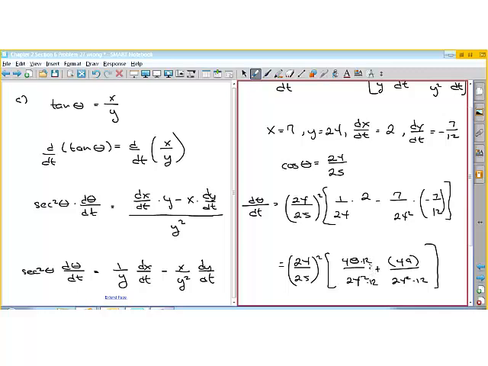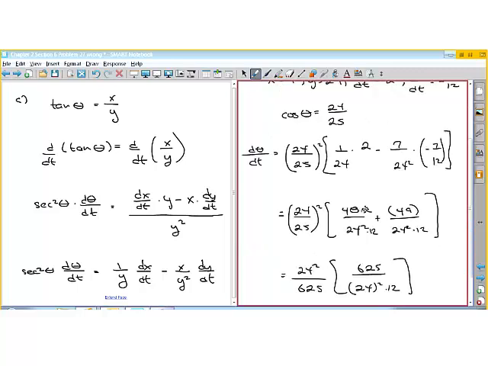And then you multiply by 12 in both the numerator and the denominator. So that's where that 12 comes from. Now I have the common denominator of 24 squared times 12. 48 times 12 plus 49, because you have a negative times a negative, is 625.